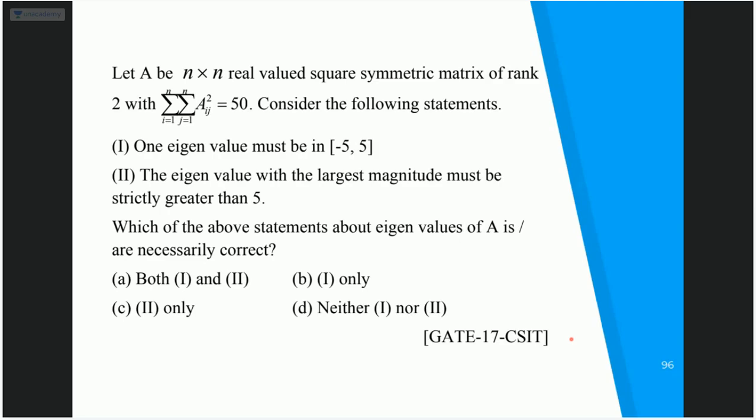Suppose in a matrix, if you have n rows identical, n minus 1 eigenvalues would be 0. Do you remember that property? Come to the point. In a matrix, if you have n rows identical, n minus 1 eigenvalues are 0.